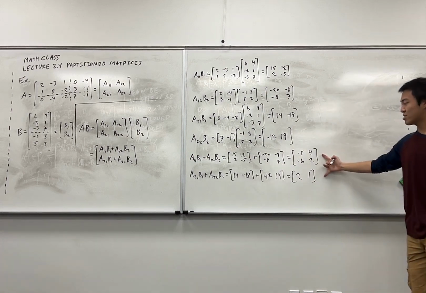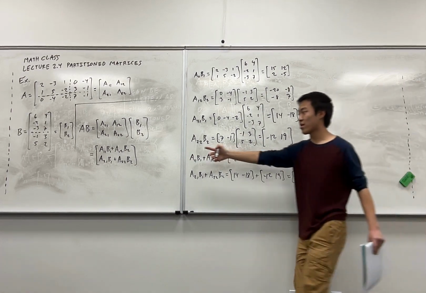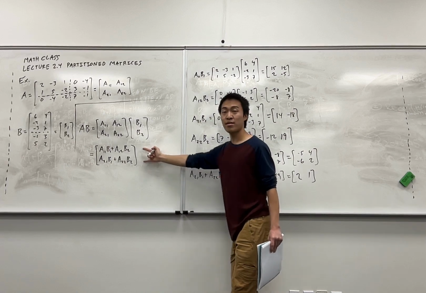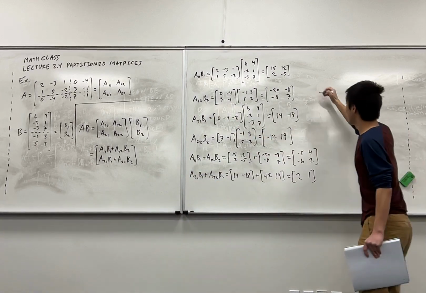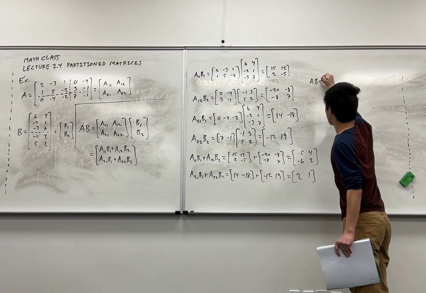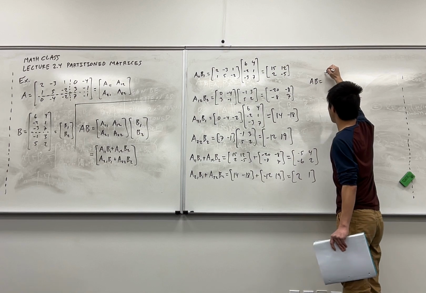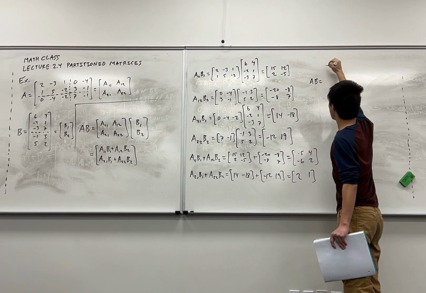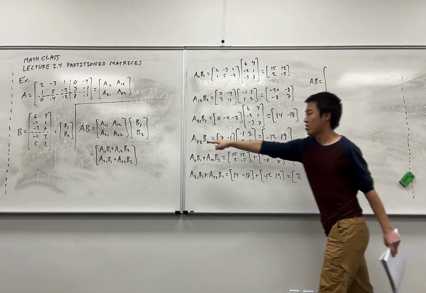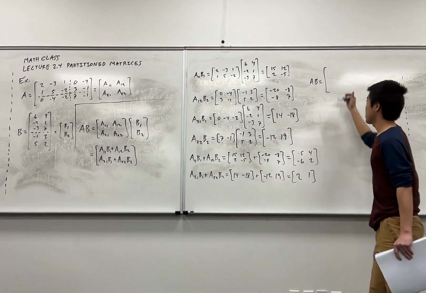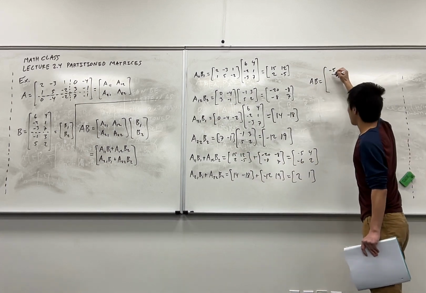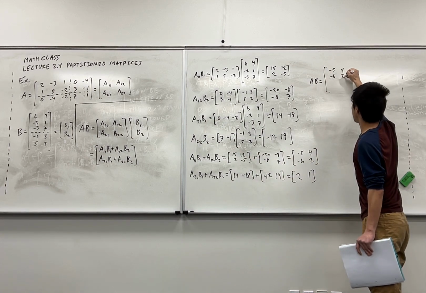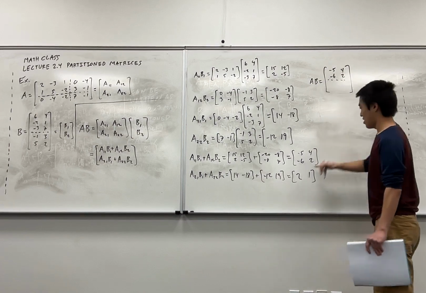And the reason I wrote these like this is because guess how they are appended in their column here, right? So then AB is that first submatrix, minus 5, minus 6, 4, 2, and 2, 1.